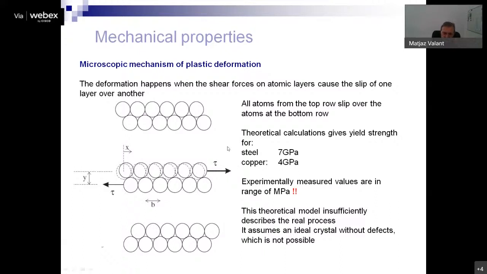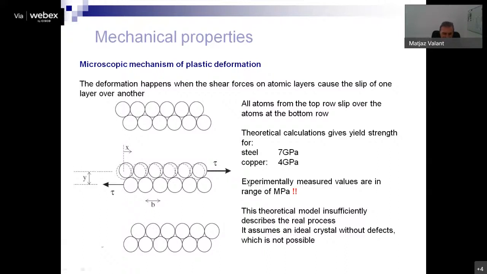So here are a few numbers. For steel, that would be 7 gigapascals, and for copper, 4 gigapascals. But the problem is that if we experimentally measure these values, they are significantly lower, by orders of magnitude. That means this theoretical model does not describe the plastic deformation properly. So we need to find something else.